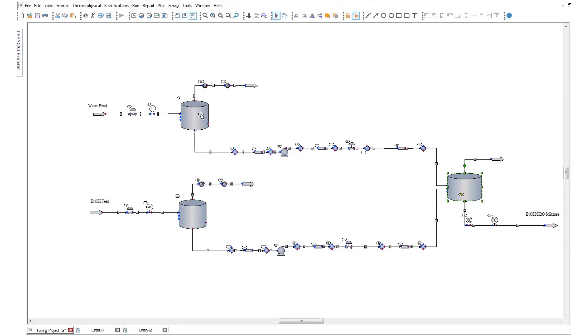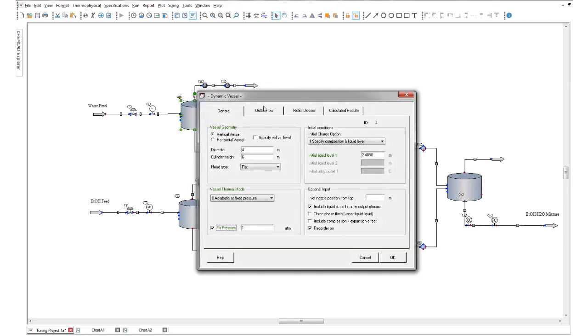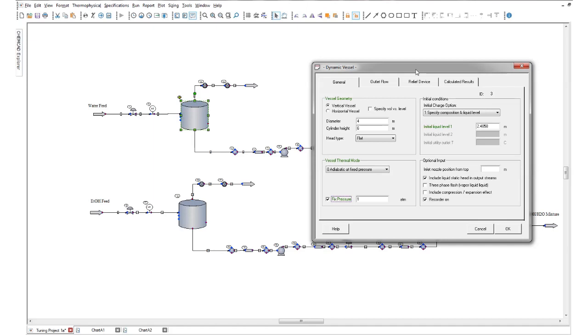The other two tanks, the feed tanks, are not going to be constant, or they can change because we have feed going in and material leaving. And if our feed is coming in at a larger rate than what we're pulling out, then the level will increase. And conversely, if the feed is less than what's coming out, the level will decrease.